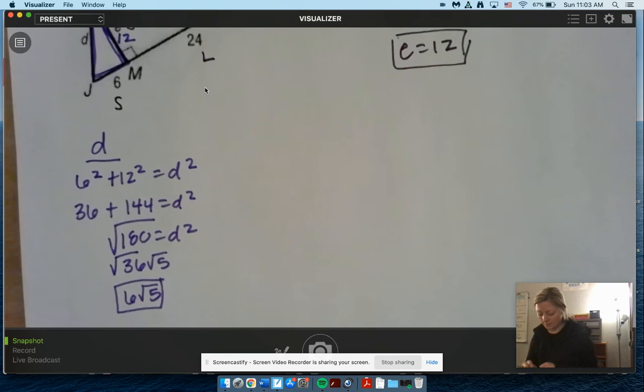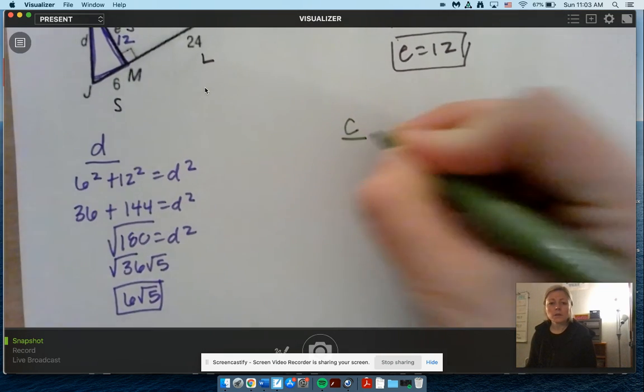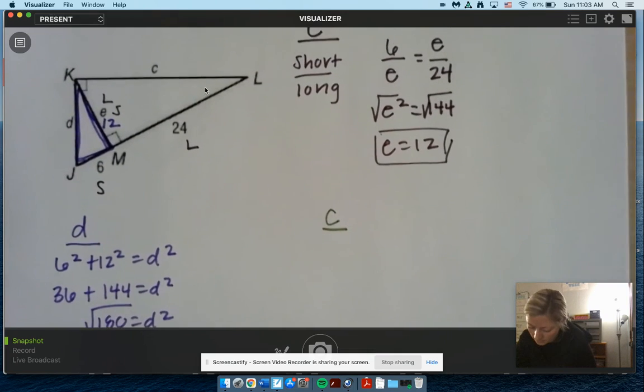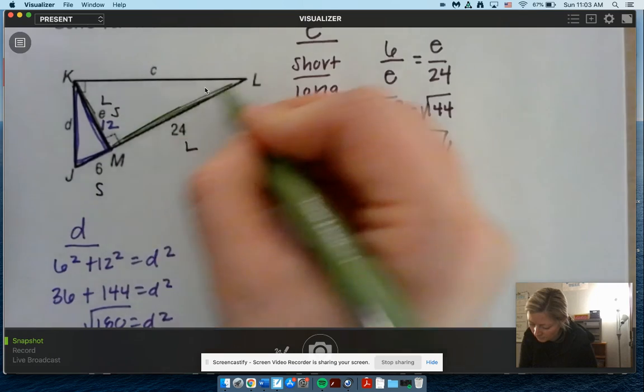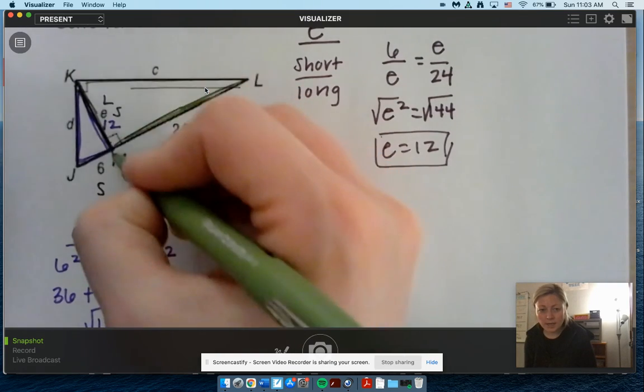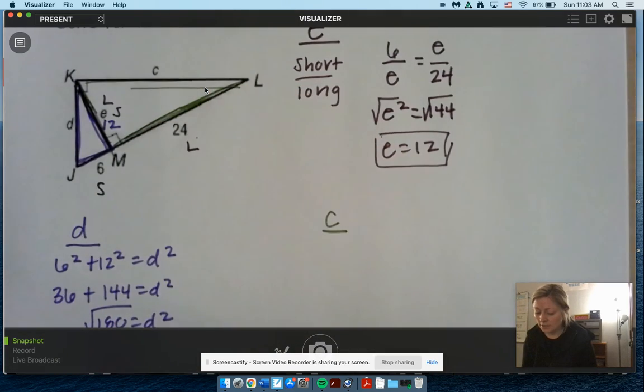And then our last one here, C. Again, we have this triangle here, this green one. We know 2 of our sides. We're just looking for a hypotenuse.